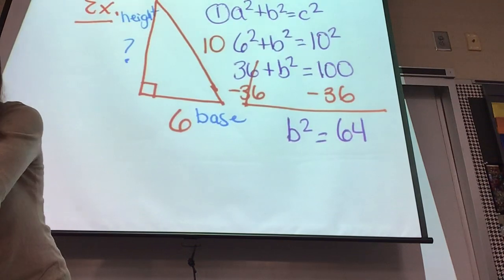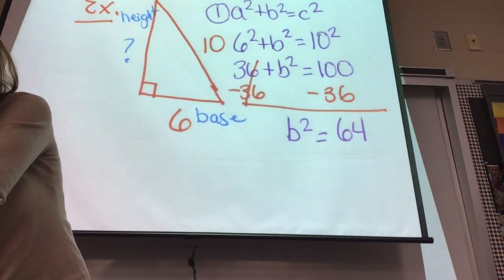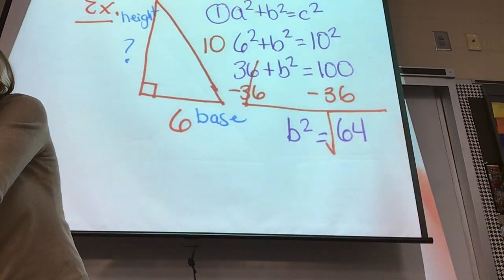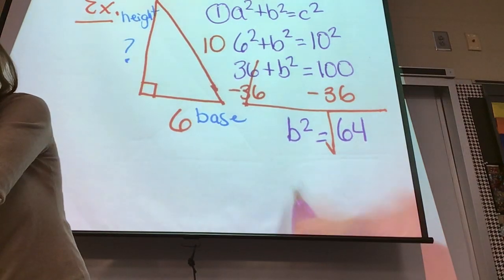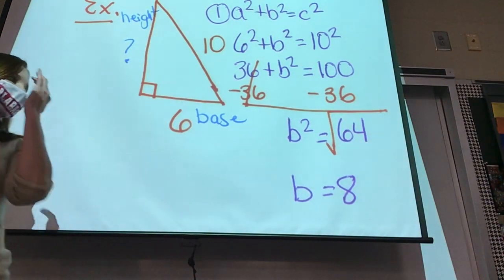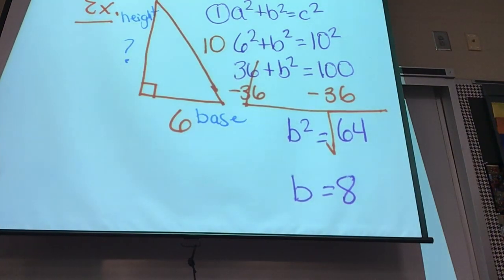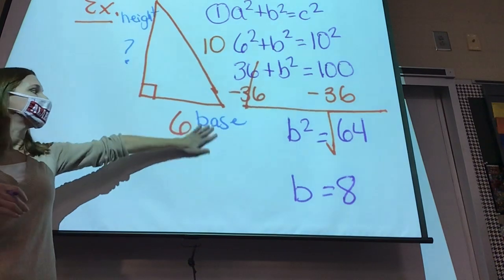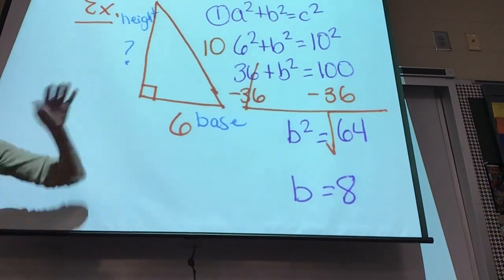So now, if I take the square root of that, what does b come out to be? 8. So this time b came out to be an exact number. So now I've got both a and b. I've got my base and I've got my height.